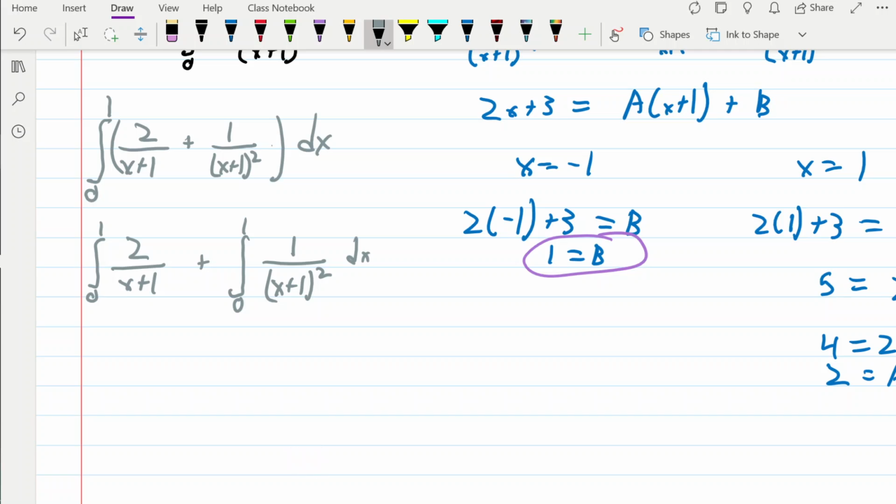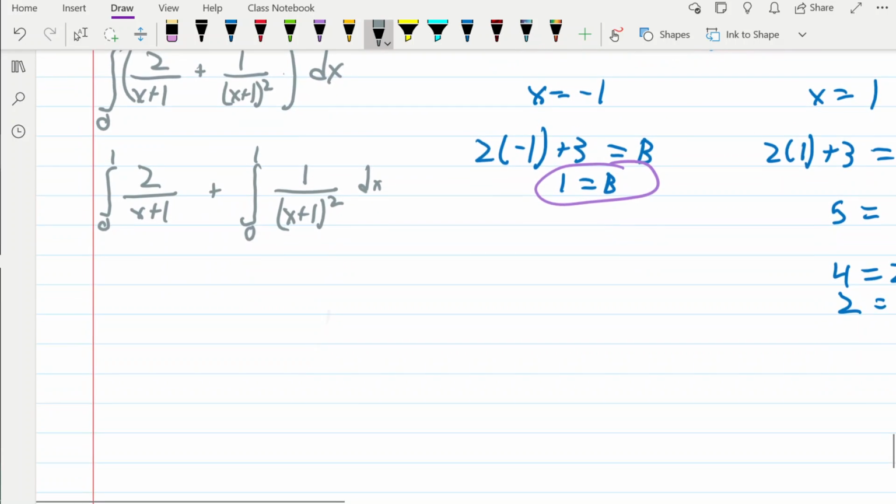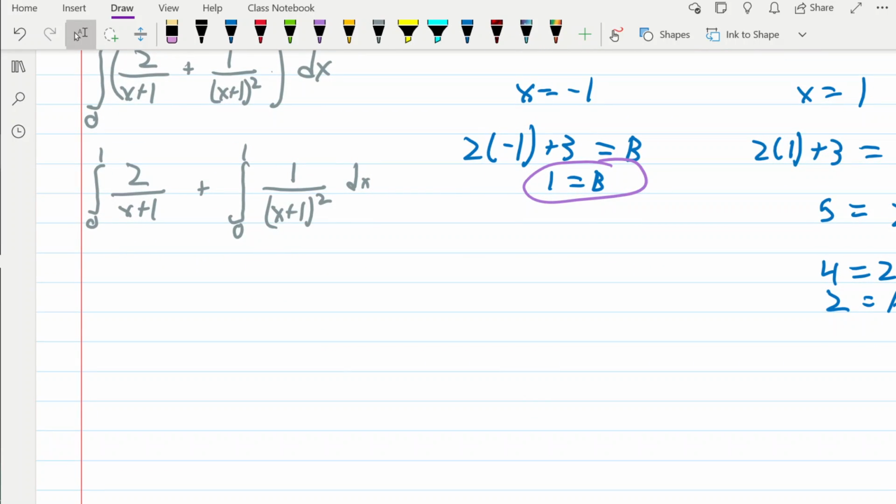So the first one is going to be easy enough to use substitution, and we're going to have to use integration by parts for the second one. Or actually, wait. No, we don't. We can just do another u substitution, except I will write that one out. So let's first just do the one on the left.